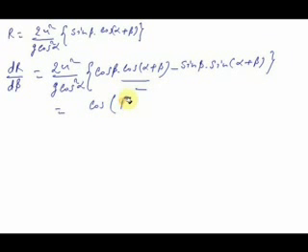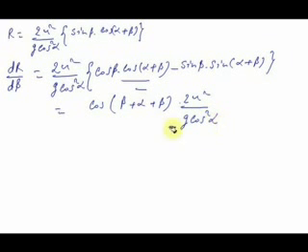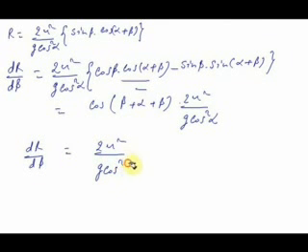So this term is nothing but cos beta plus alpha plus beta. So we have dr by d beta as 2u square by g cos square alpha into cos alpha plus 2 beta.